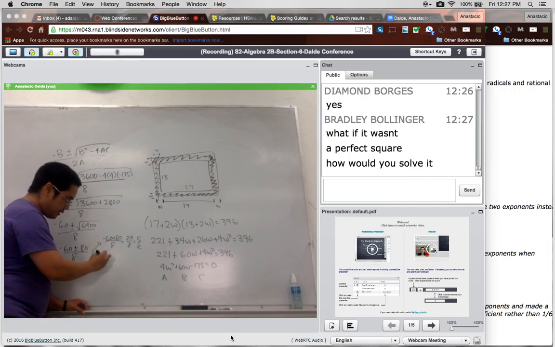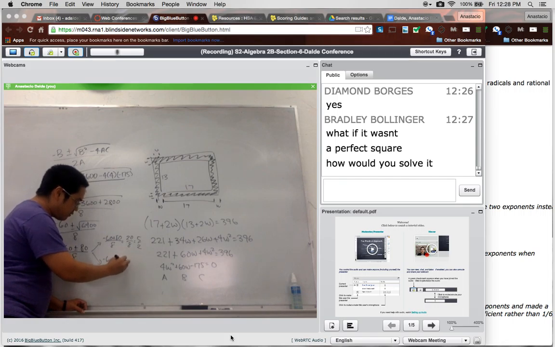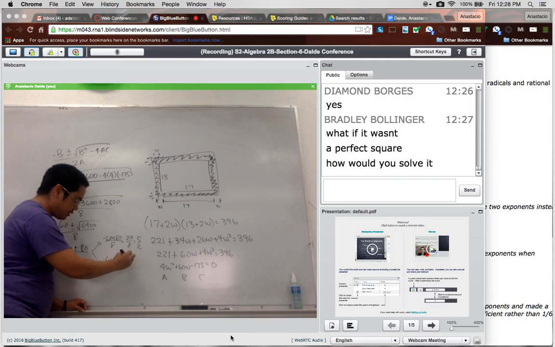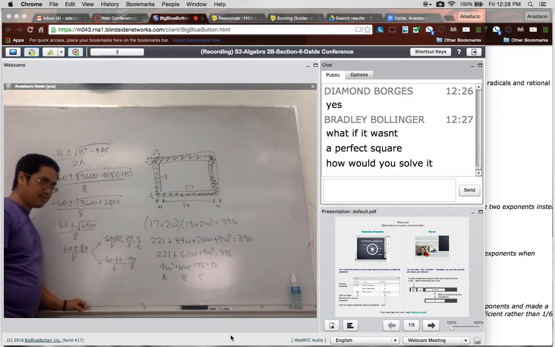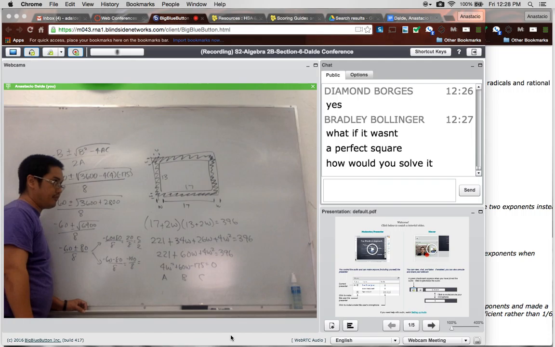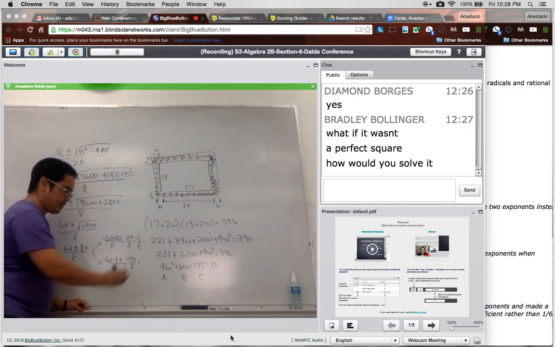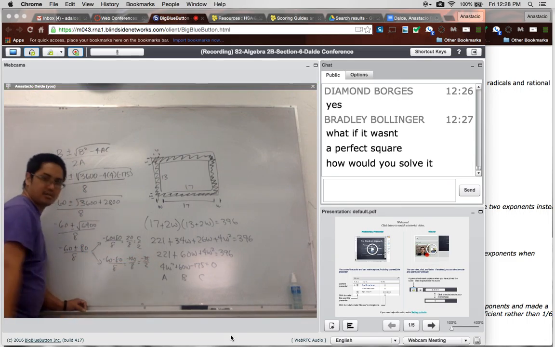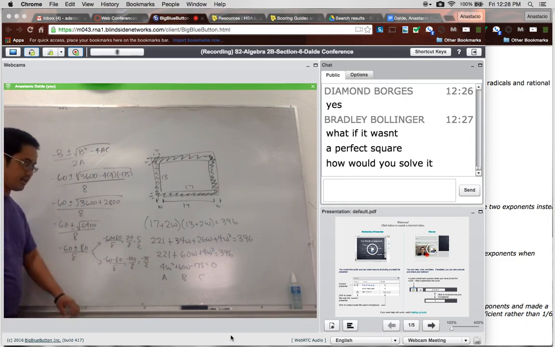Or negative 60 minus 80 over 8, which is also known as negative 140 over 8, which is, is that like 35, negative 35 over 2? I don't know, you've got to reduce that.